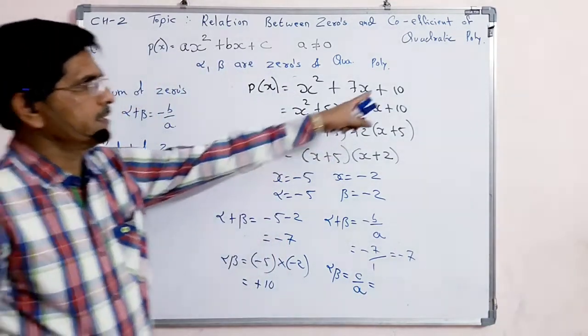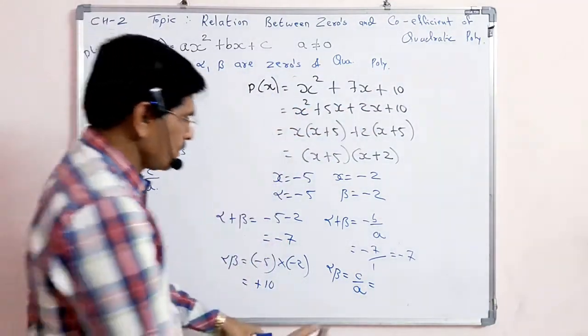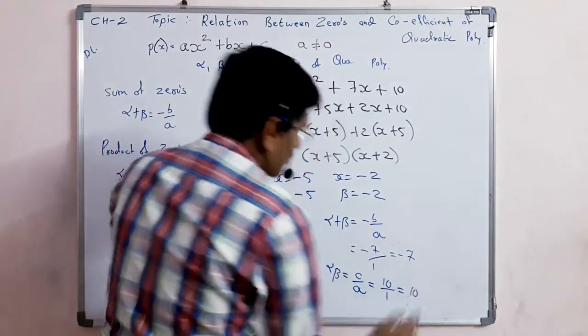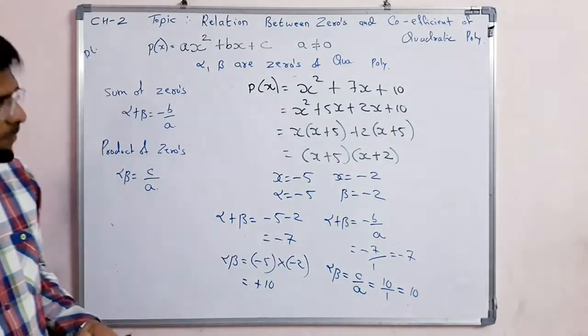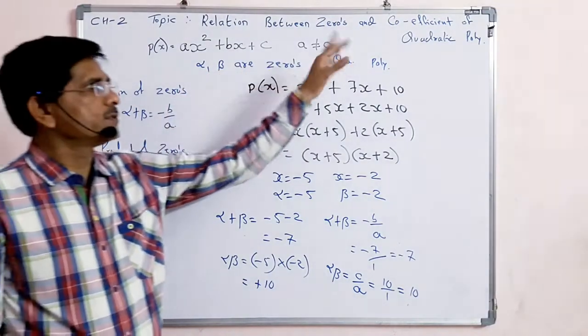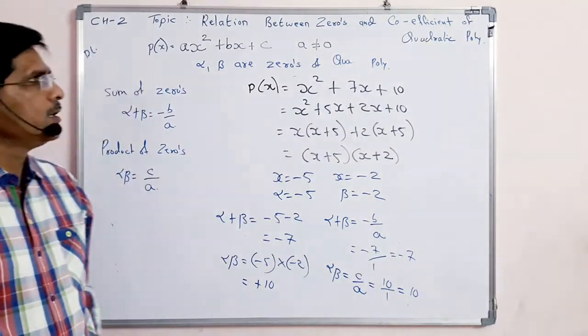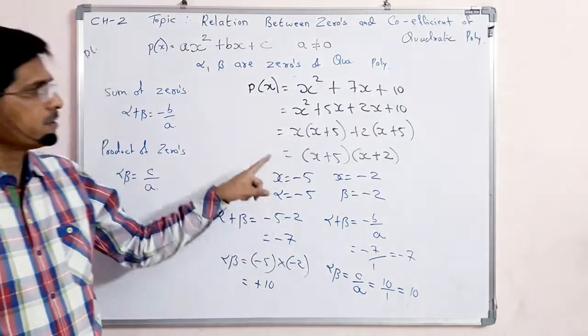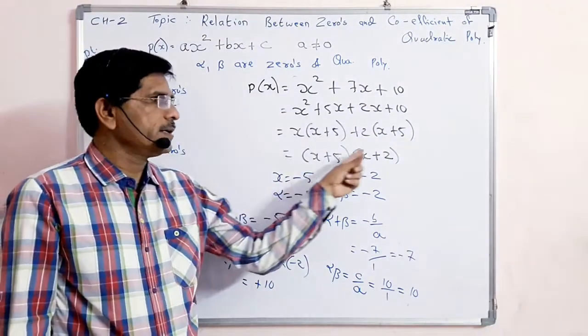So c is 10 and a is 1. So again 10 by 1, we get the answer 10. So there is one more example that gives the relation between zeros and coefficients of a quadratic polynomial: x square plus 7x plus 10. There are two factors, x plus 5 and x plus 2.